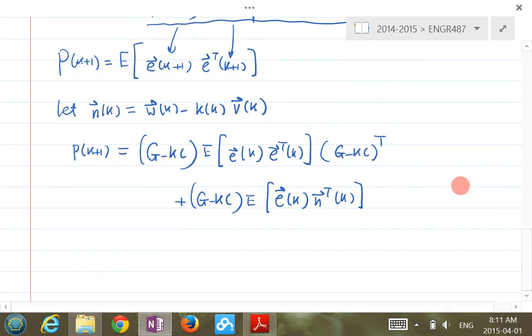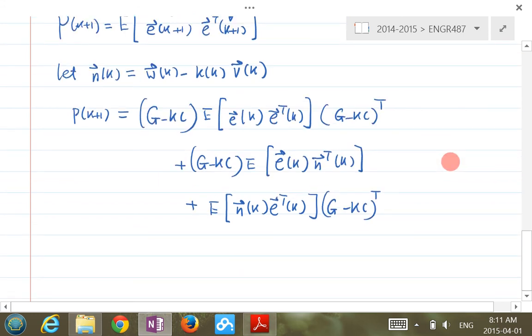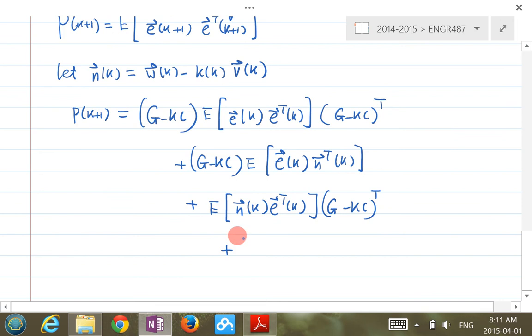Third term, expected value of this, and then times g minus kc transpose. The last term. So your error covariance matrix turned out to be this one here.